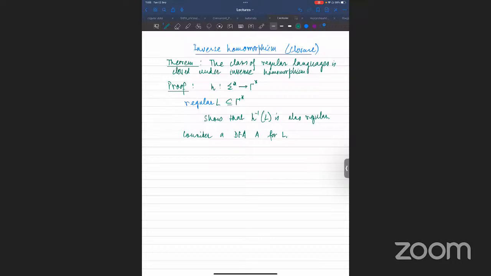So what? Suppose, like what you were saying, there can be multiple things which map to the same thing. Suppose A maps to 0, 1, and B also maps to 0, 1. So you have 0, 1 here. What would you do?